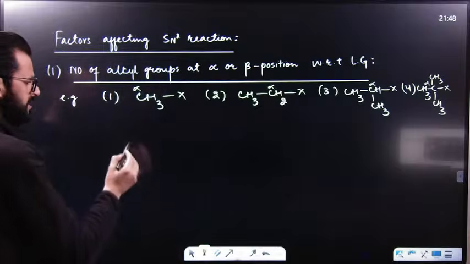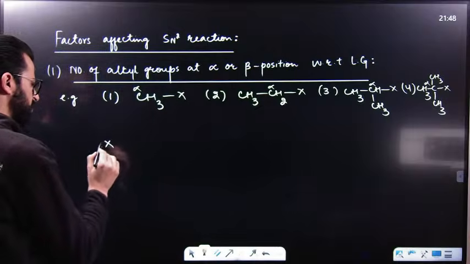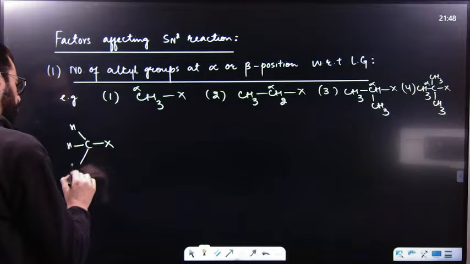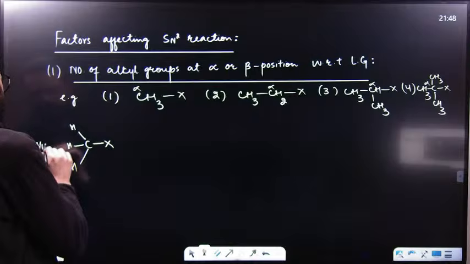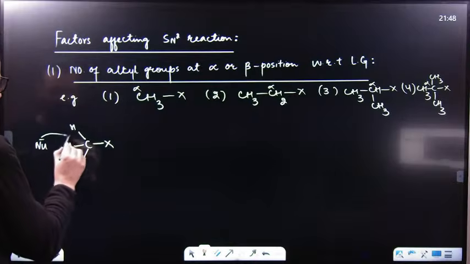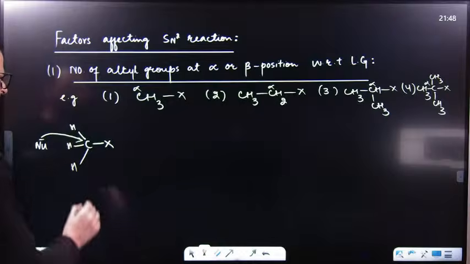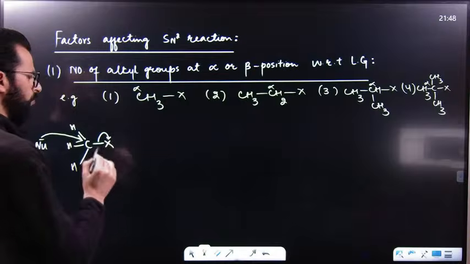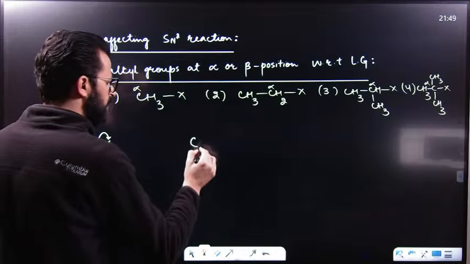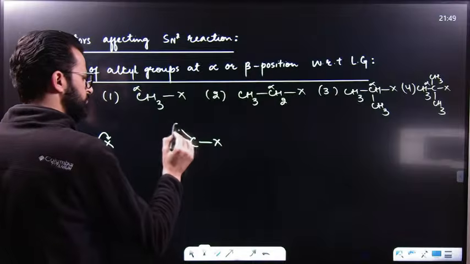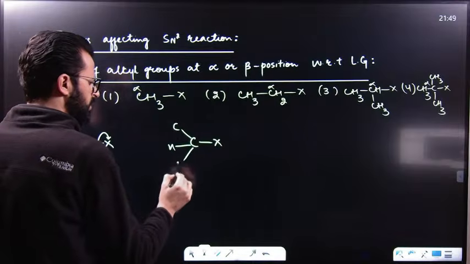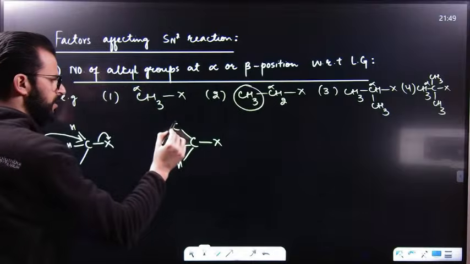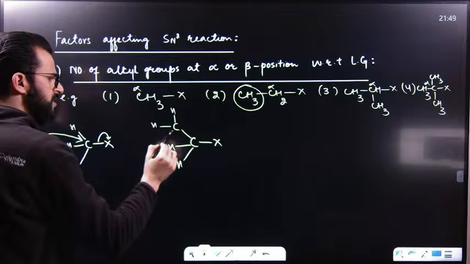Can I say here in the first case it's X attached to carbon, and after that OH or the nucleophile, let me write Nu minus, will attack from the backside, that means from the opposite side with respect to the leaving group. Now, have a look. If we have this one, that means at the alpha carbon an alkyl group is now present. This alkyl group is bulkier compared to hydrogen.